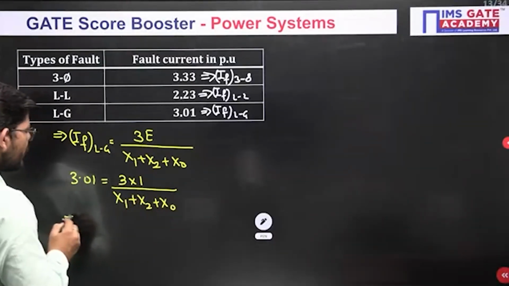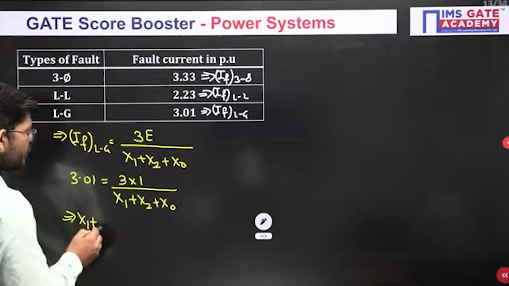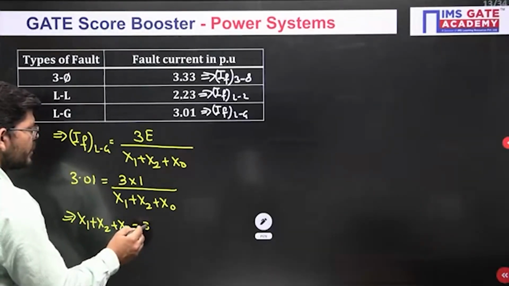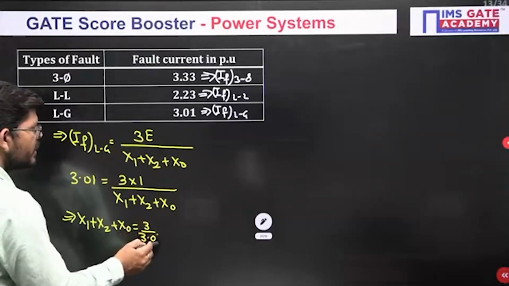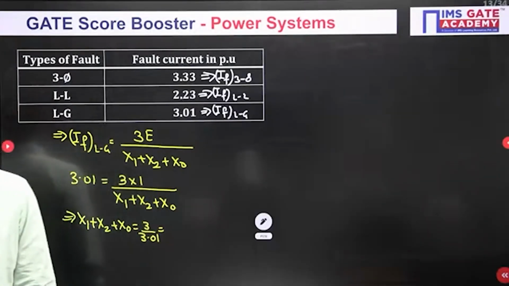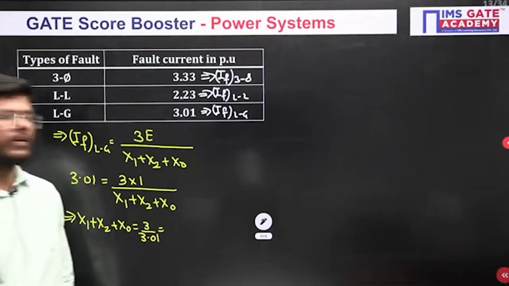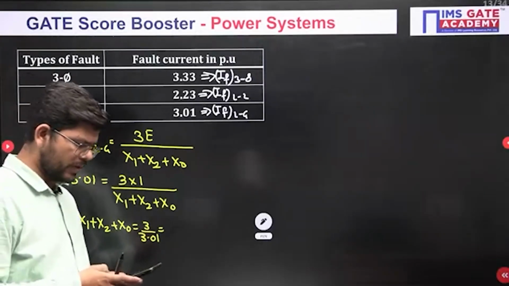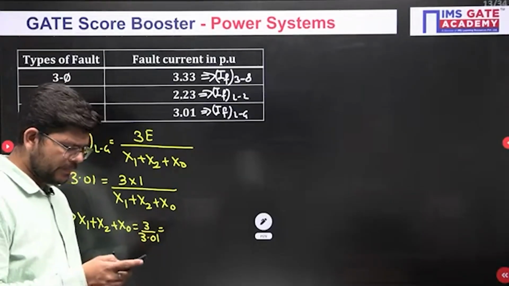So from here x1 plus x2 plus x0 will be equal to 3 upon 3.01. How much will we be getting here? 3 upon 3.01. Let me just solve it. Almost 1 we will be getting.